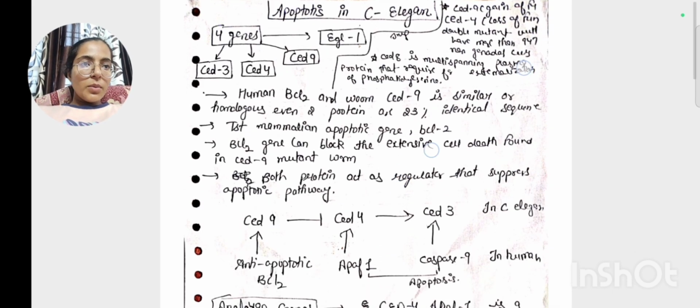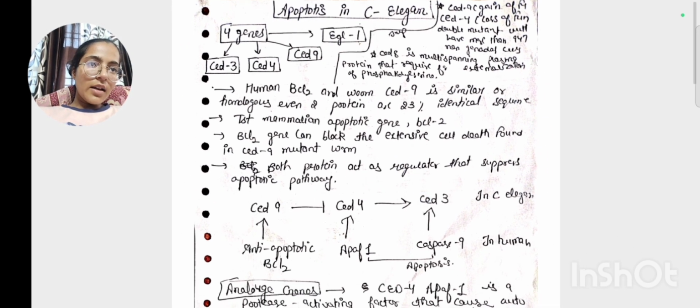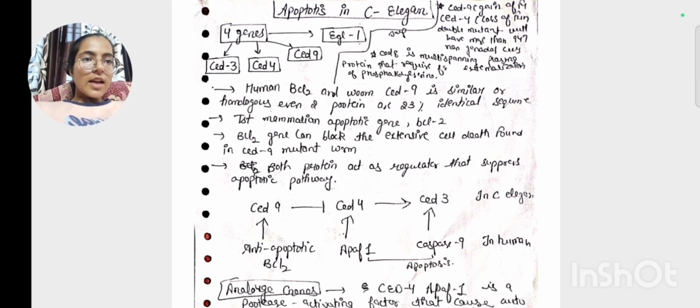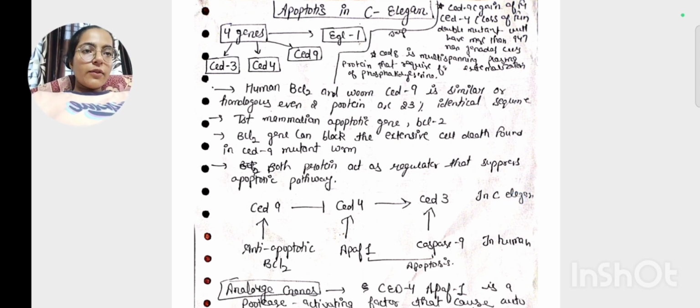And there are two important statements that I want to tell you: CED-9 gain of function and loss of function in CED-4 will result in having 947 non-gonadal cells, while CED-8 is a multi-spanning plasma membrane protein that is basically required for externalization of the phosphatidylserine.